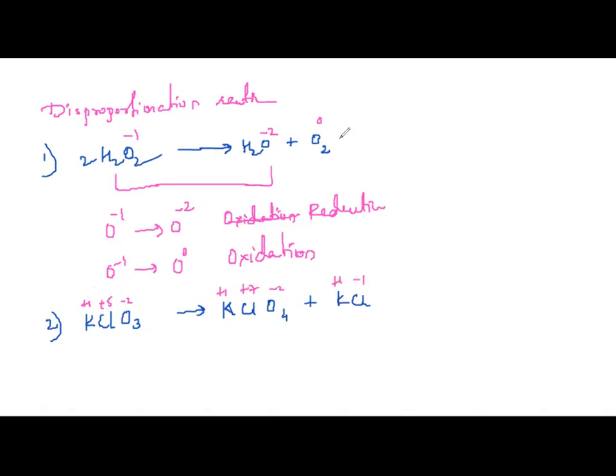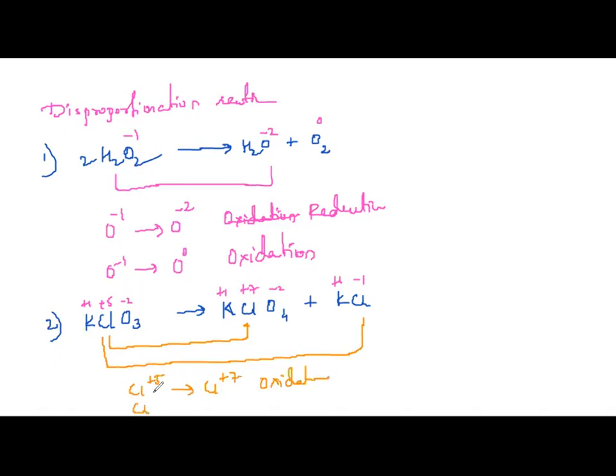So what can I say? From Cl +5, it is becoming +7 in one product and -1 in the other. Cl from +5 becoming Cl +7 is loss of electrons, oxidation.